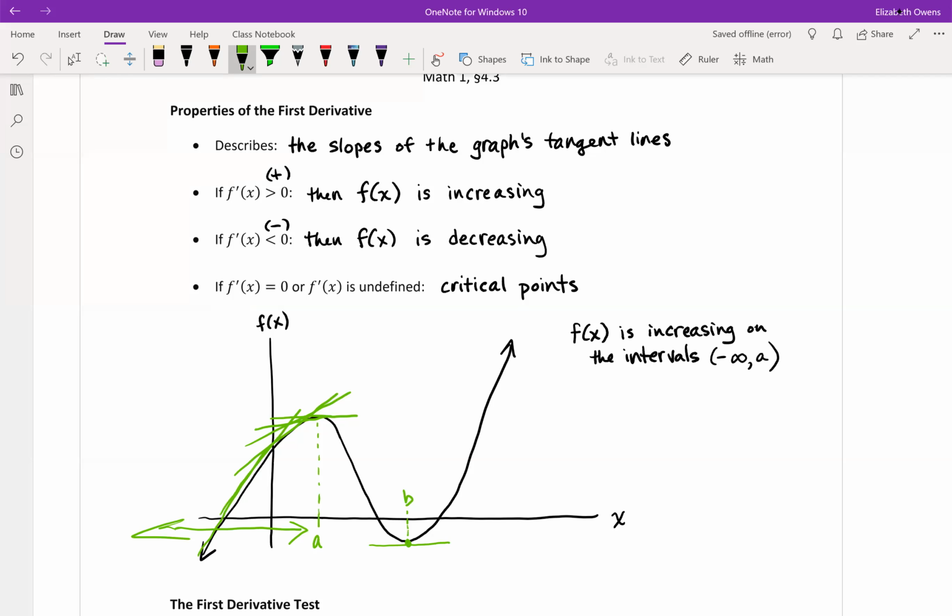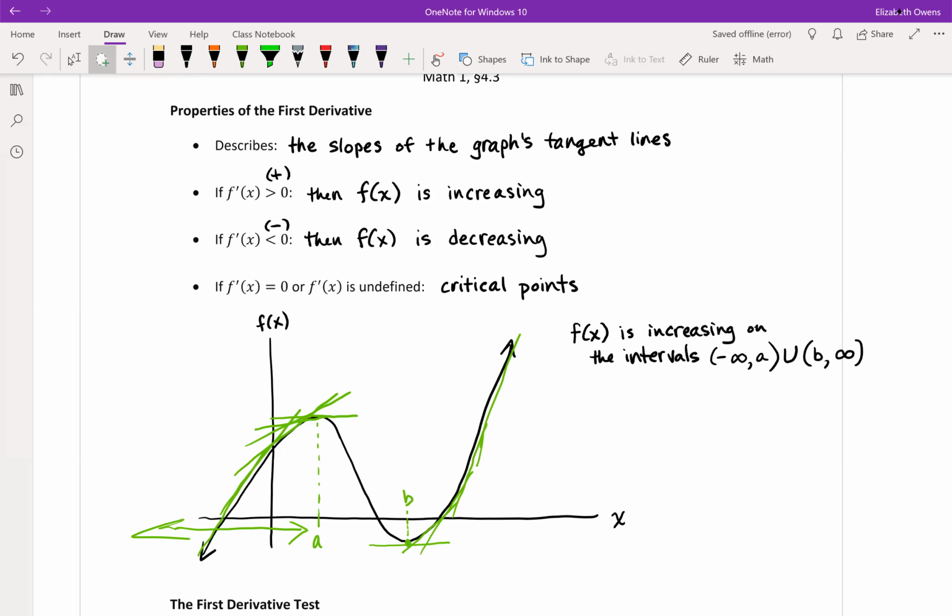But then moving out after that, the tangent line slopes are positive again, and we can see that this part of the graph is increasing. So for our interval notation, we would indicate that second interval by using a union symbol. That's like the 'and also' this other interval. And that other interval goes from B to infinity.